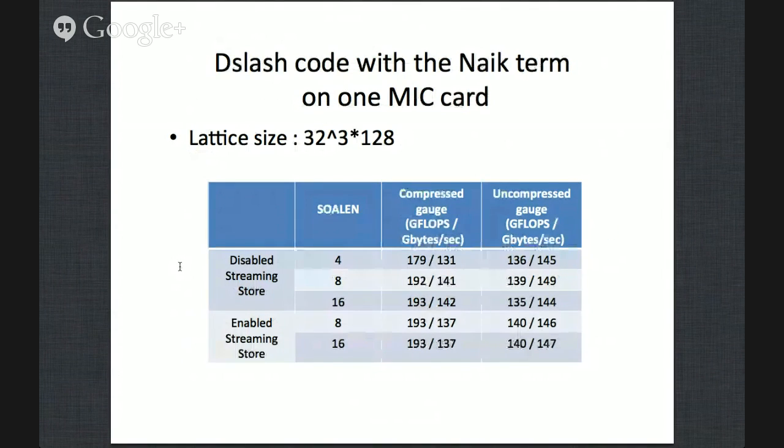Here is some detailed data for that. We saw that with the naive term added in, with the SOA length equal to 4, the performance seems to be lower than with 8 or 16. With 8 or 16, we don't see much difference in performance.